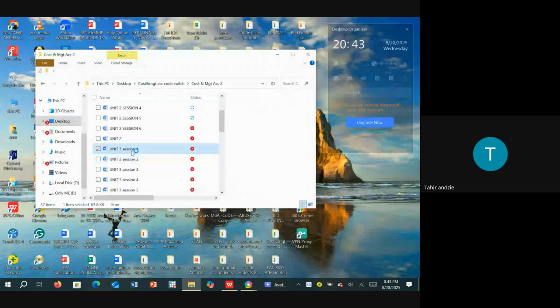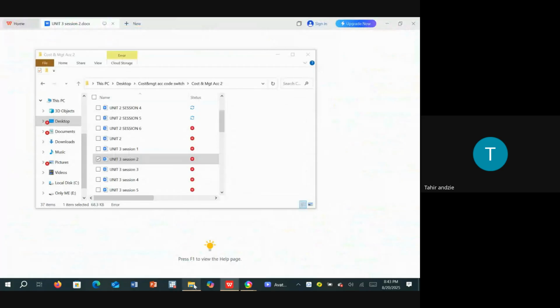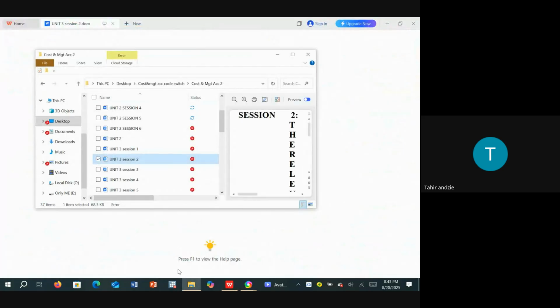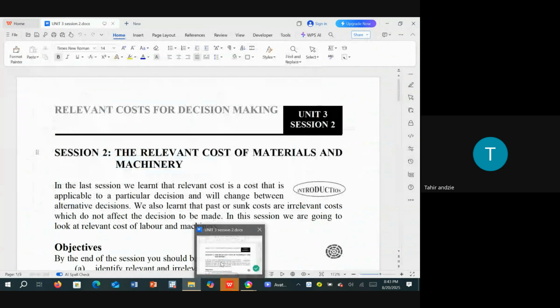At least we can do 3 sessions today, and then we look at Friday if you can do the next 3 sessions before Saturday. On Saturday I'll be invigilating at Tamale, so we'll see how we can arrange to meet.